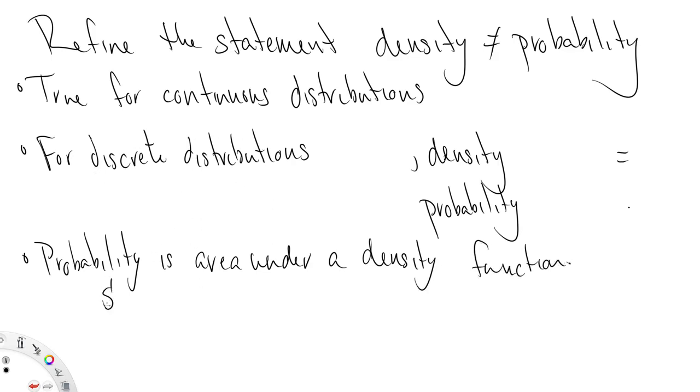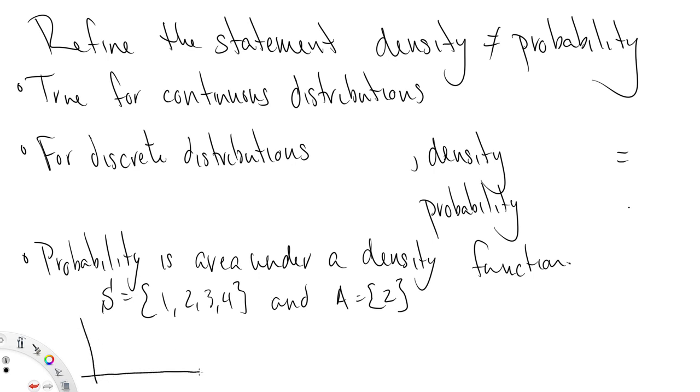So let's try a simple example that should highlight all the nuance we need. Consider a sample space consisting of the integers 1 through 4 and a set A consisting just of a single point. It doesn't really matter which point you choose. You just need to pick a single point. I'm just going to choose A equal to the single element 2.